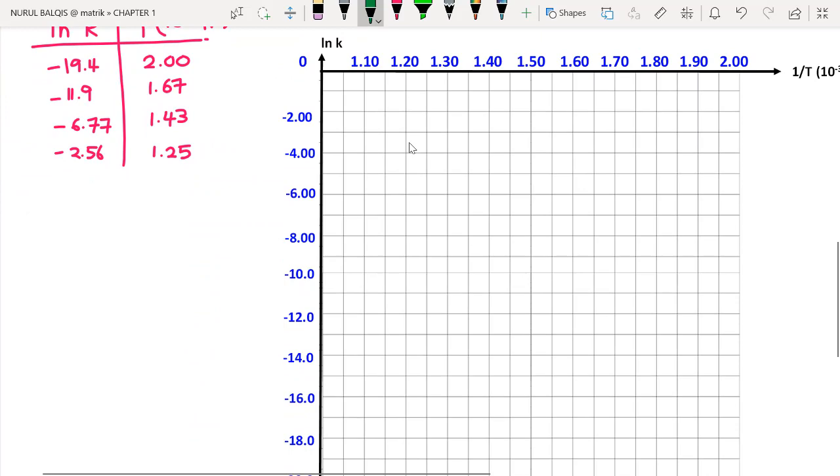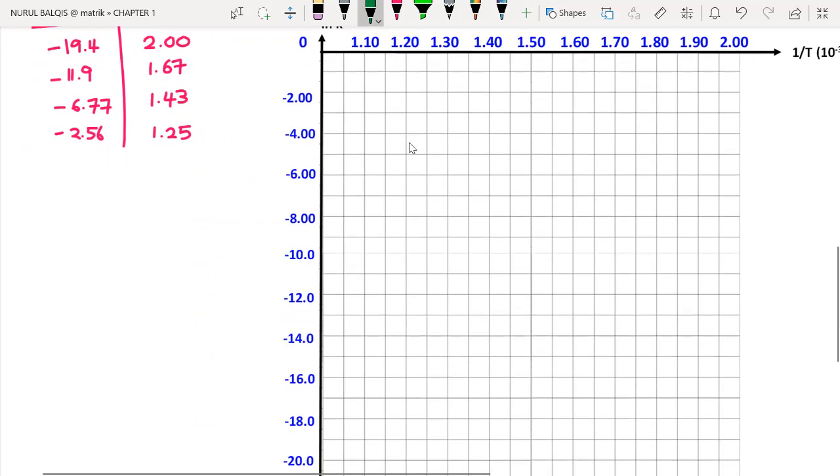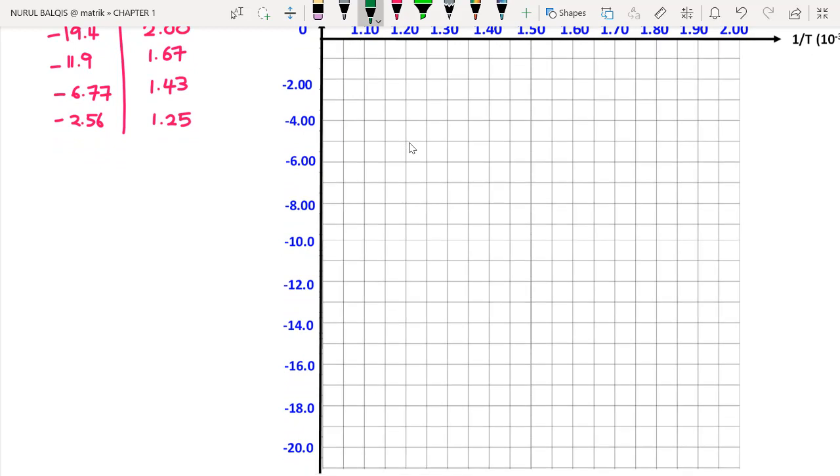For the first point, we have negative 19.4 and 2. So the value would be around here and 2 here. And then we have negative 11.9 and 1.67. Then we have negative 6.77 and 1.43.